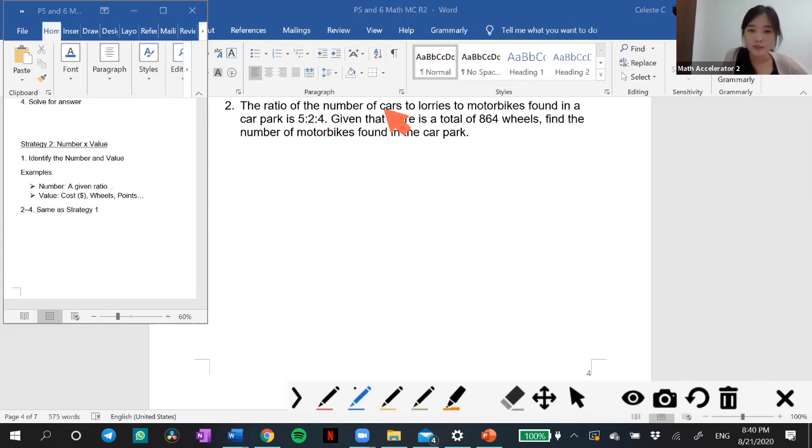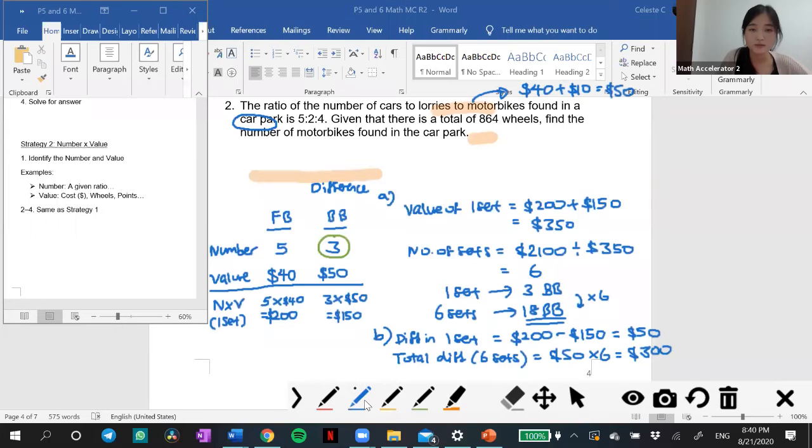Okay, the ratio of the number of cars to lorries to motorbikes found in a car park is 5:2:4. Okay, I'll leave on a long question 1, if you're still copying. Given that there is a total of 864 wheels, find the number of motorbikes found in the car park.